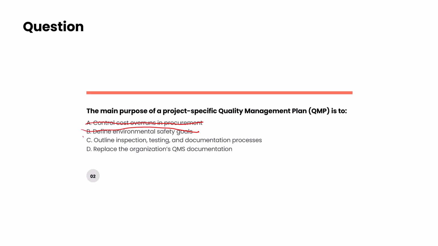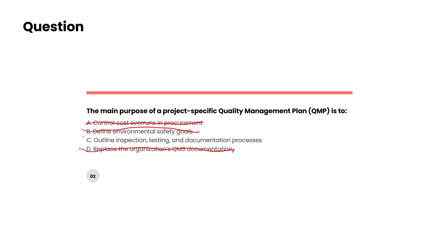One is the company level QMS documentation, which is the quality manual for the whole company, which is separate from the project specific quality management plan. So the project specific quality management plan does not replace the organization's QMS documentation. Even though there was a slight doubt on that, after rethinking, you can rule this out.